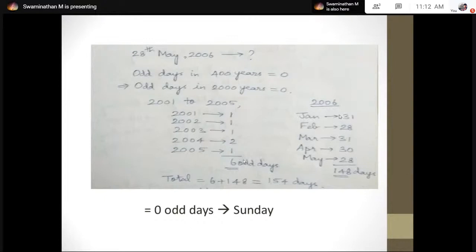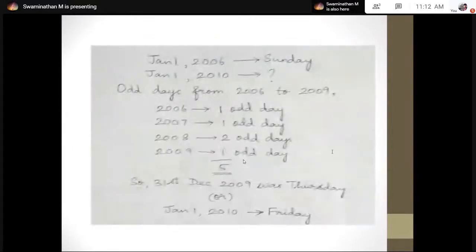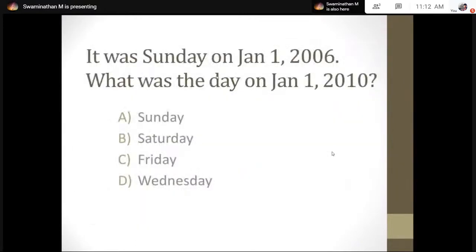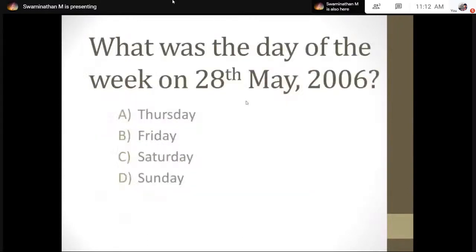Clear with this? Hope you are clear with these two types of problems. The first type is, I'm repeating again, a date is given and a day is given, and you are supposed to find the day on some other date. And in the second type, you are given just a date and have to find the day.